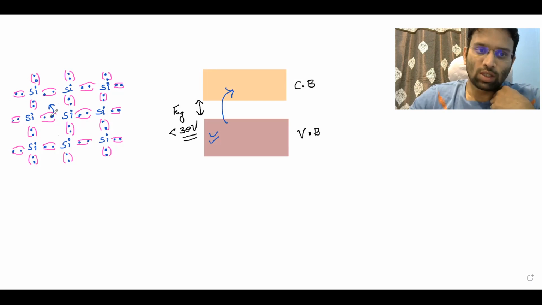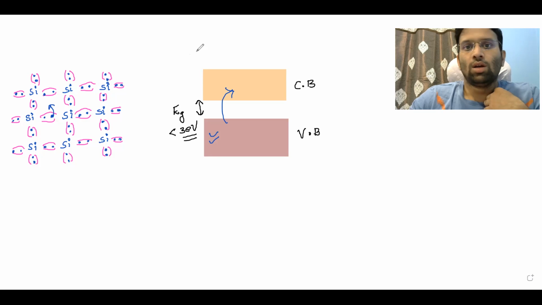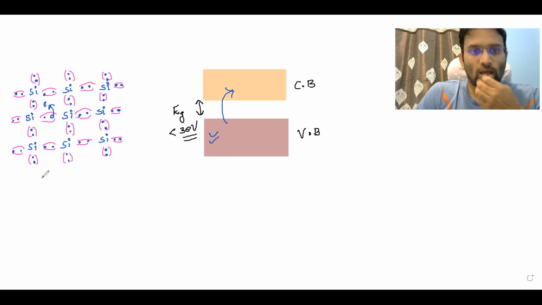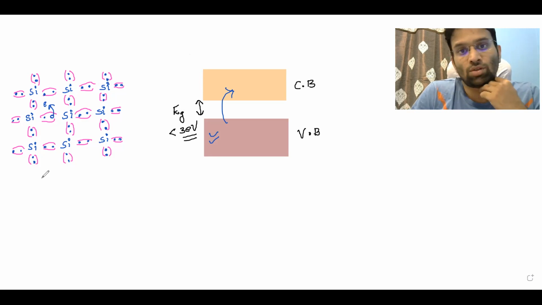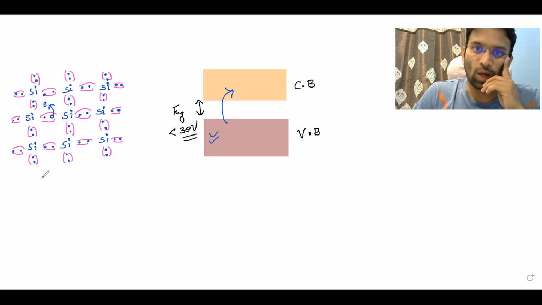Now, this process of an electron jumping from valence band to conduction band not only creates an electron in the conduction band, but also creates a hole in the valence band. So in the valence band, there is a hole there. That means absence of an electron. Hole is nothing but absence of an electron. So an electron can come there and still the silicon atom will accommodate it.